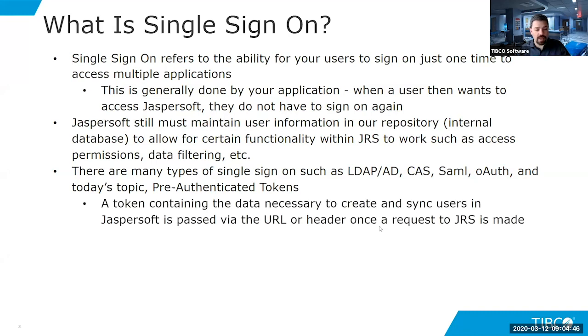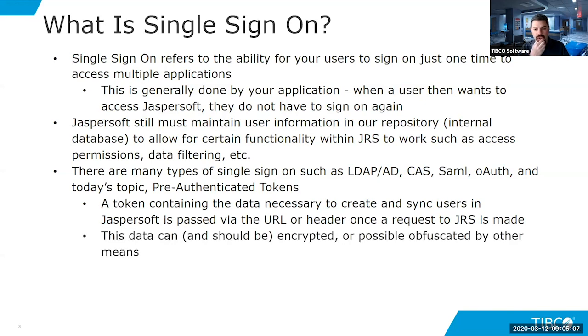And what do we mean by that? A pre-authenticated token is a token of data that is necessary for Jaspersoft to create and/or sync the user in our system. And usually it's passed via the URL, or some people choose to pass it via the header when you make the request to Jaspersoft. Of course, the data that you're passing in should be encrypted.